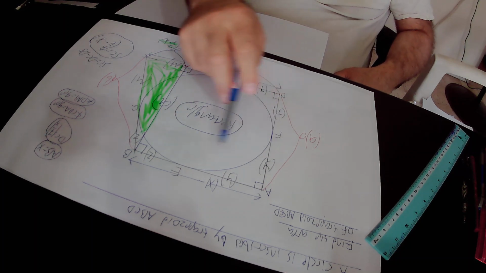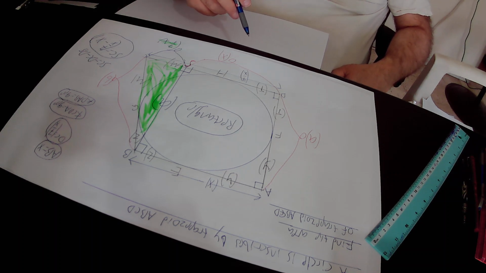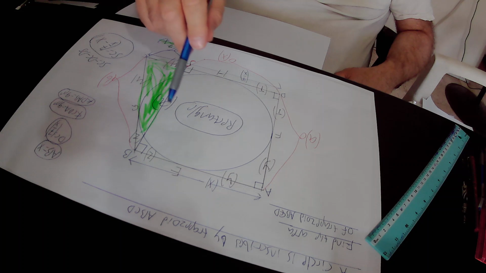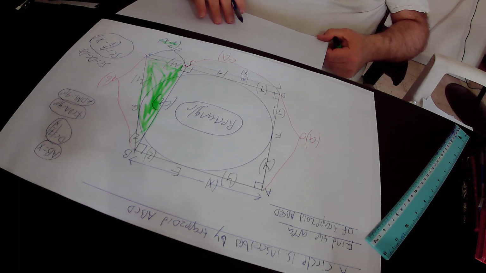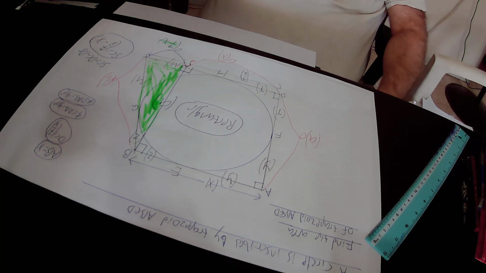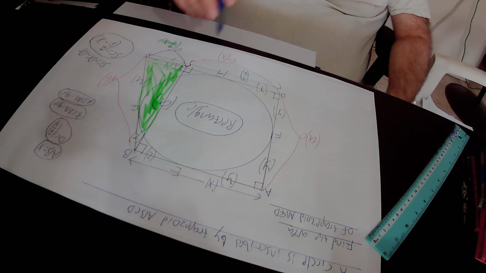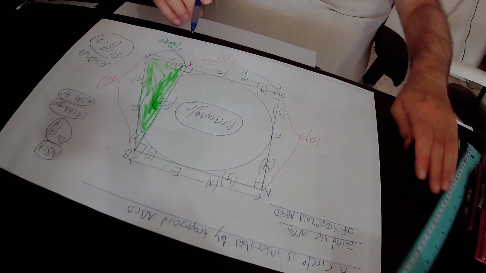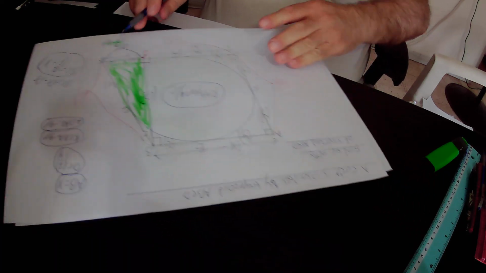So why is side AB parallel to the opposite side DC? Because ABSD is a rectangle, and we know that the opposite sides of a rectangle are parallel to each other. So in rectangle ABSD, side AB is parallel to the opposite side DS. But DS is part of the straight line DC.